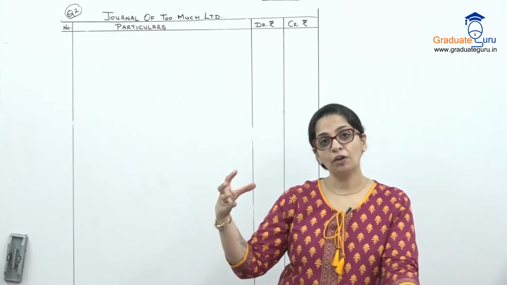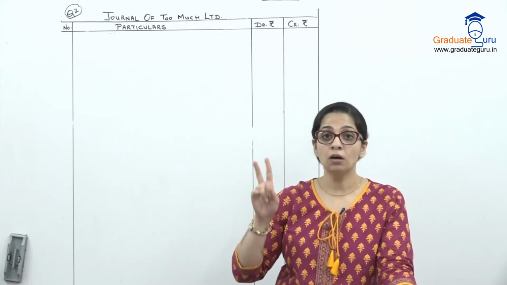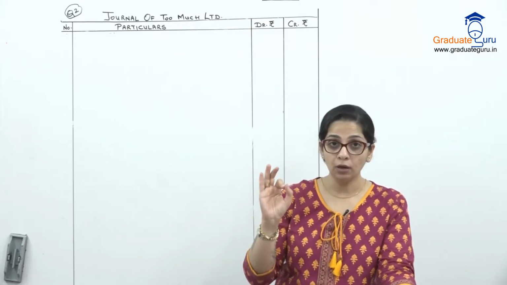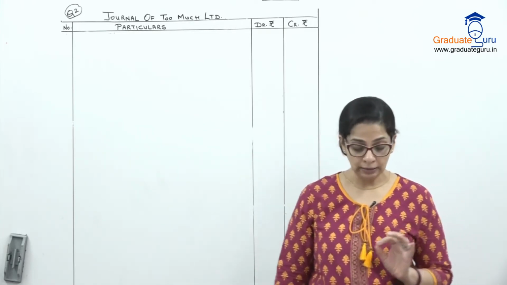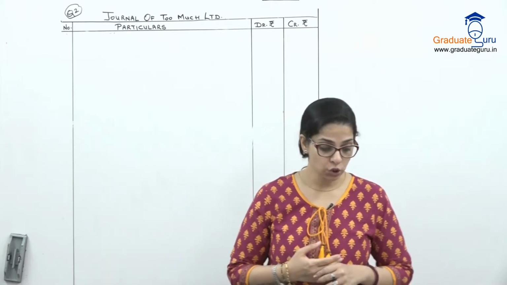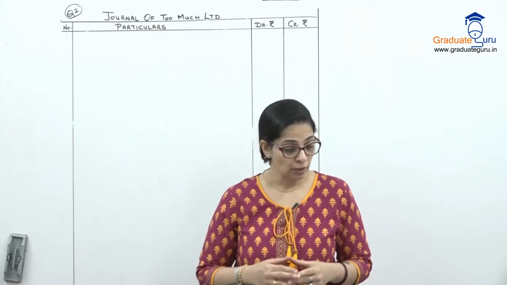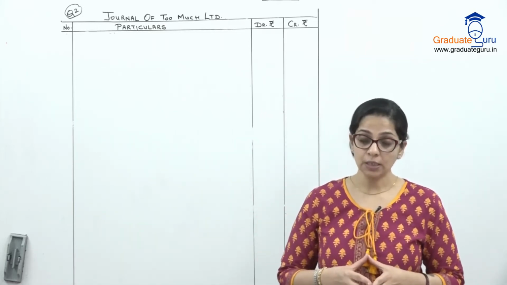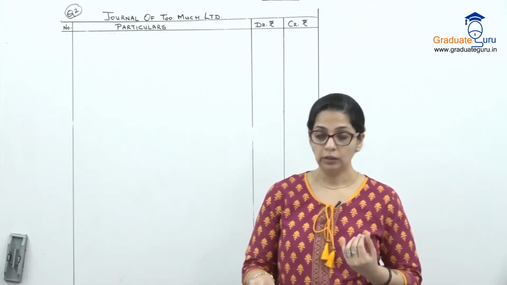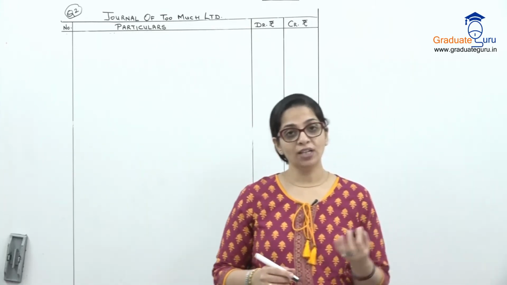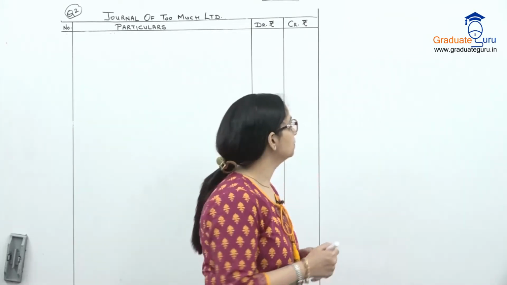So 1,75,000 के investments हम बेच रहे हैं 1,50,000 में, which means it is a loss, which we have to remember when we are doing our equations. You are required to determine the number of preference shares to be issued for the purpose of buyback. As I said, that will be our balancing figure, and also pass journal entries to show how the buyback will be accounted for in the books of the company. So first step will always be preparation of our equations. Okay, so let's go to our equations.